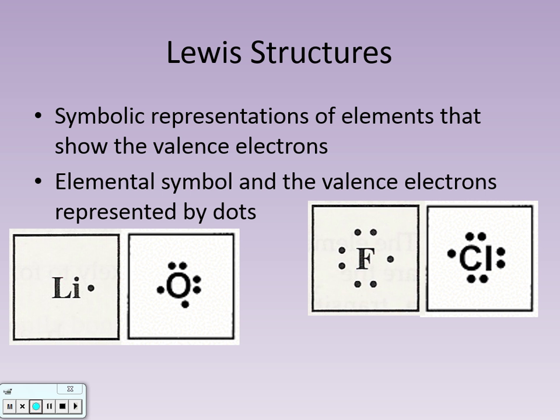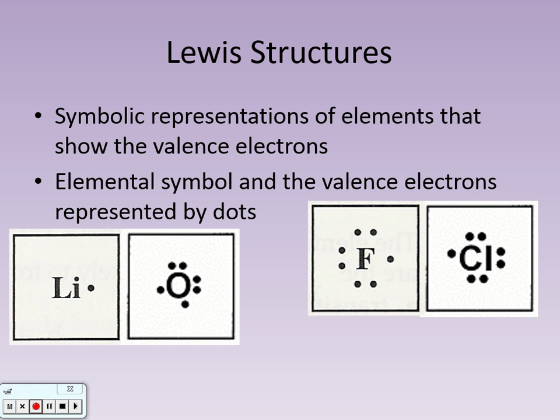Column 2 elements will have 2. Next, we're going to skip the transition elements. We're not going to worry about columns 3 through 12 in this class. In chemistry, you'll talk about them, but the pattern isn't nice and defined like it is for all the other elements.